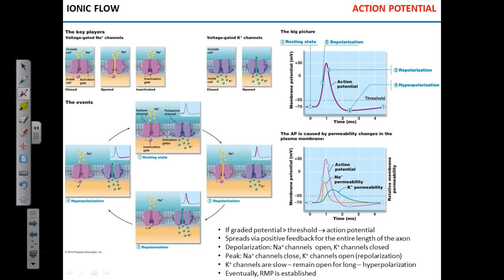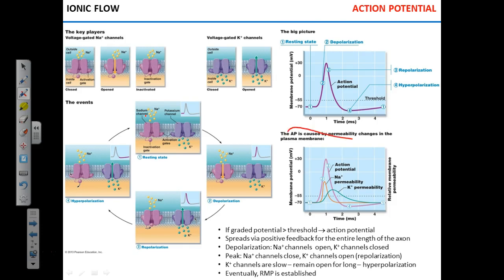Is that repolarization or depolarization or hyperpolarization? Which channels are closed at each stage? So you have to understand that ionic flow pretty well. And that is not an incredibly hard task, because you have two ions and you have three parts of the graph. All you have to know is which way they are going and what's going on with their channels.